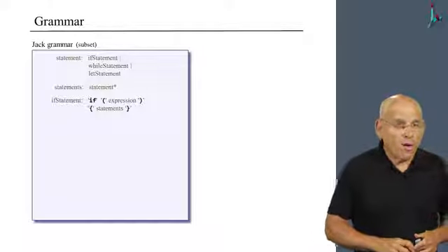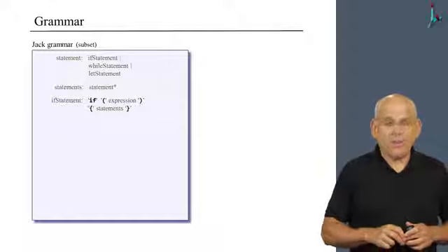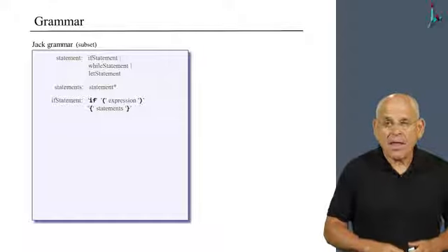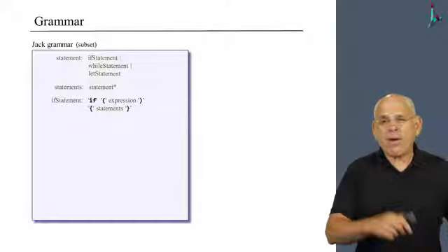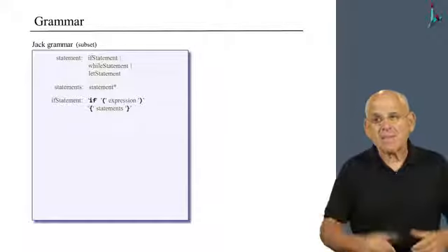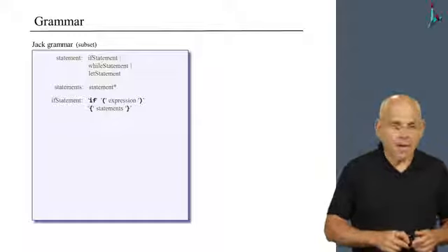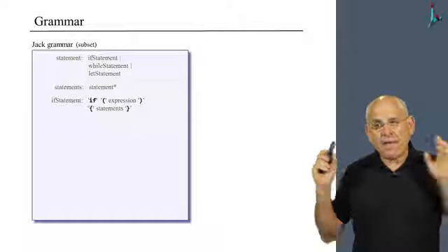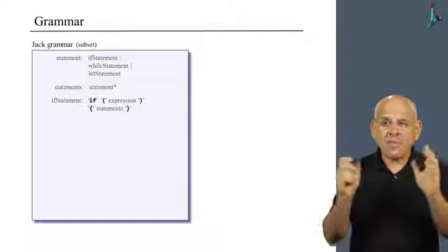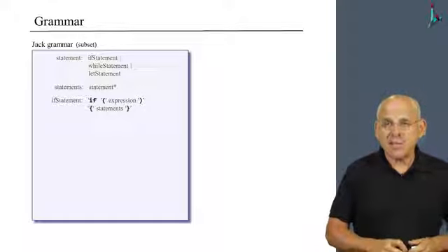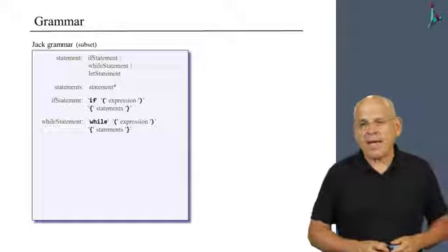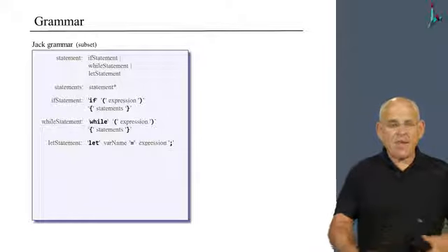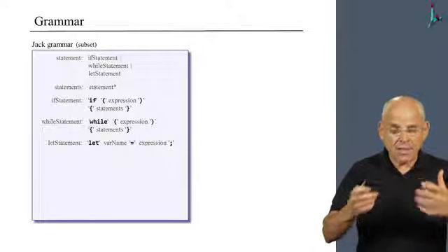It must be followed by a left paren symbol. Then comes an expression. Then comes a right paren, a left curly bracket, statements, and a right curly bracket. If you have an input which corresponds to this definition, you have a legitimate if statement. Likewise, we define a while statement and a let statement, and then we go on to define the things which are still missing here.